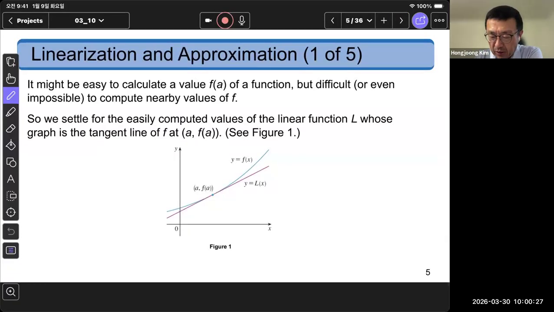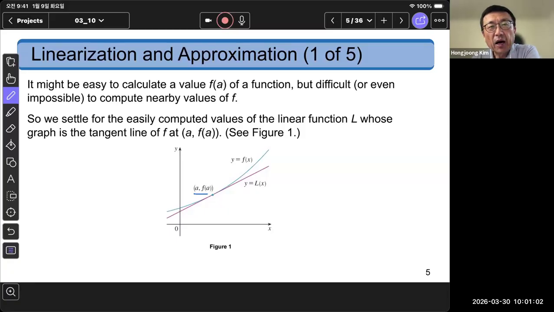So suppose that I have the function f whose graph is the blue one. Okay, and suppose that I know the function value at a. In other words, a and f of a are known, or at least f of a can be easily calculated or estimated.